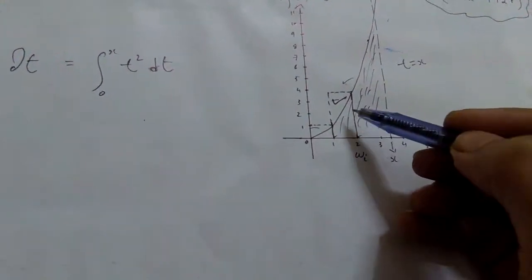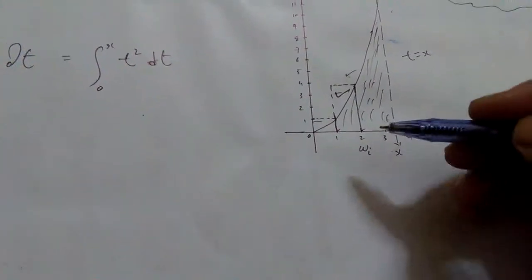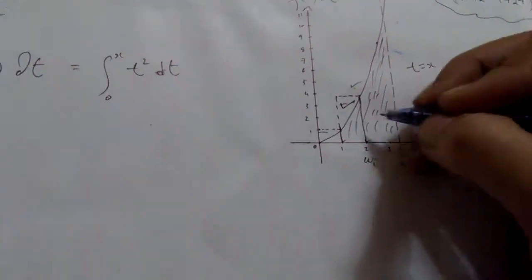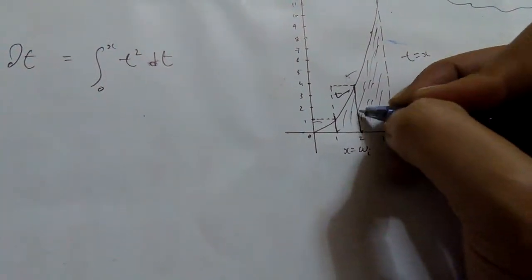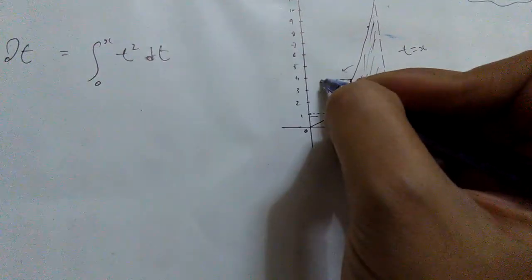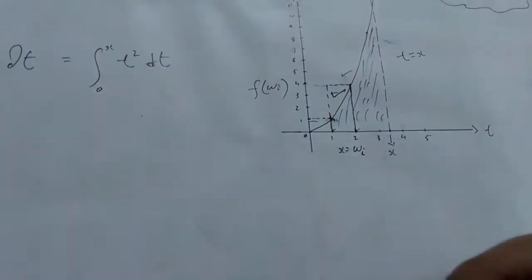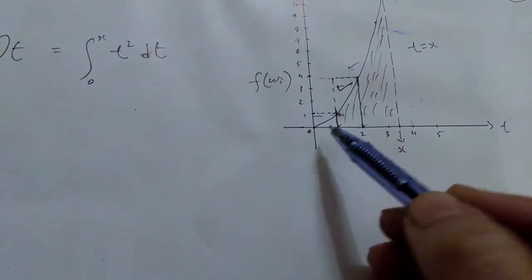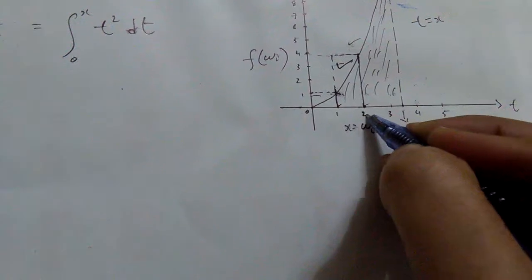This second rectangle is going to be w2, but I'm trying to generalize it, so I'm taking it as wi. If this is the value of your x, then the corresponding value on the y-axis is going to be f of wi. Am I right? And over here the graph tells that this wi is actually 2.